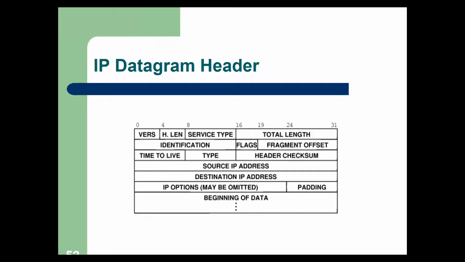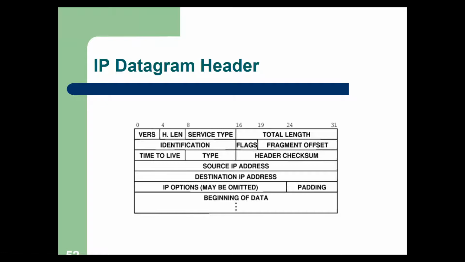fragment offset fields. Okay, and this time to live is a very important field, which will be used when we have a packet which is going roundabout during the different hops in between. To check whether the particular packet is just going roundabout in different nodes, we have to place this time to live field, and at each hop this value will be decreased. If time to live is 64 and we have 10 hops in between, at the receiver end it will be received at 54.